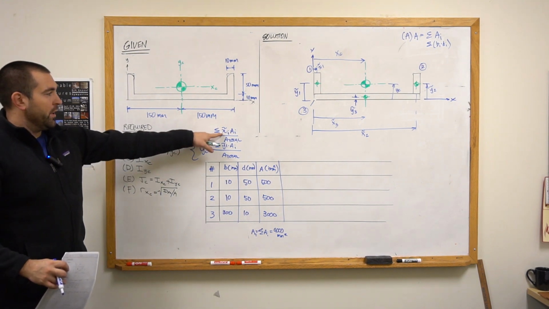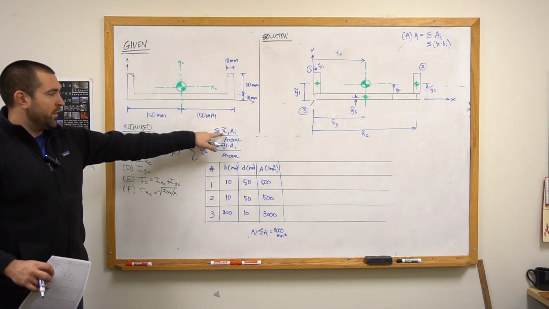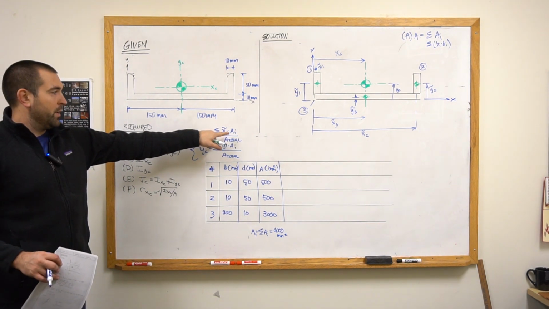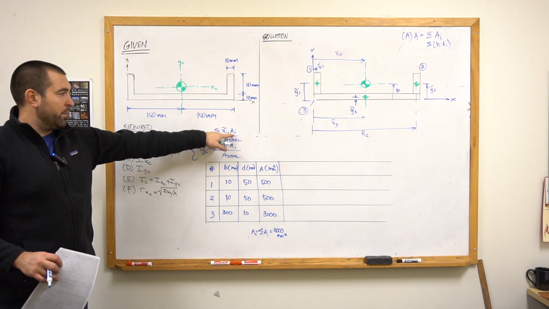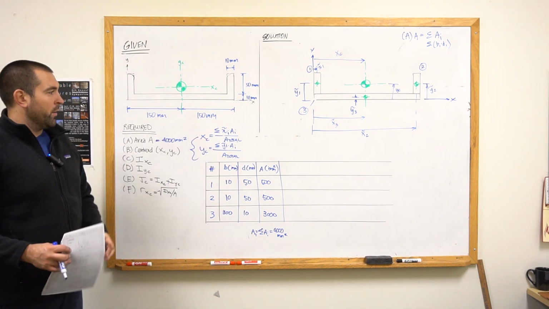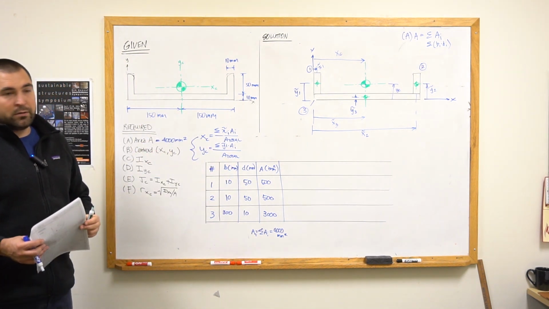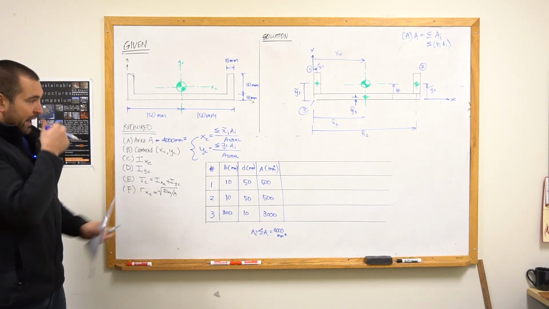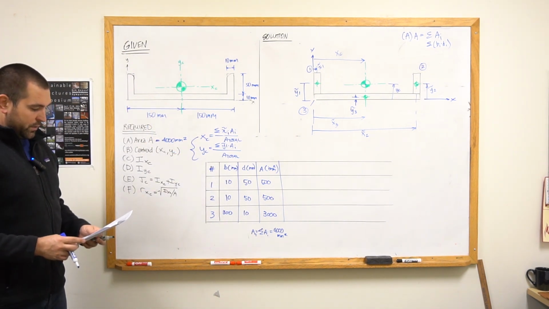What this is saying is that for each shape, I multiply the distance to the local centroid of that individual shape times the area of that shape, and then I divide by the total area of the entire cross-section, all 3 shapes added together. And I do the same thing for the y's as well.